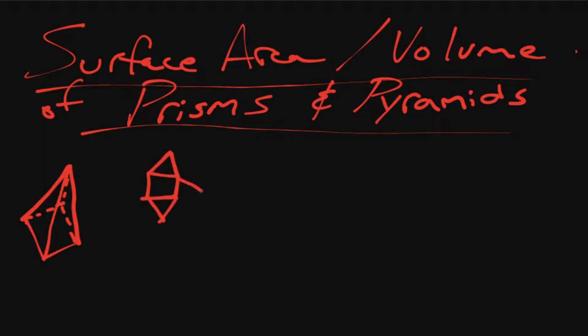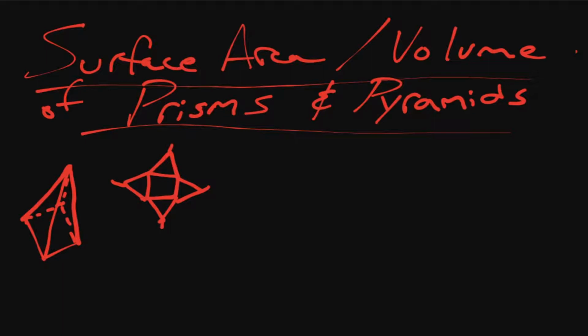If you picture me opening up this pyramid, pretend this is a piece of paper, and we do the origami and fold all the sides up, this corner here, that one, and that one, they all meet up at the top. So when you look at a square base pyramid, you are really looking at a square and four triangles.